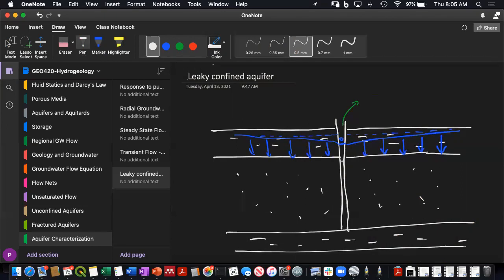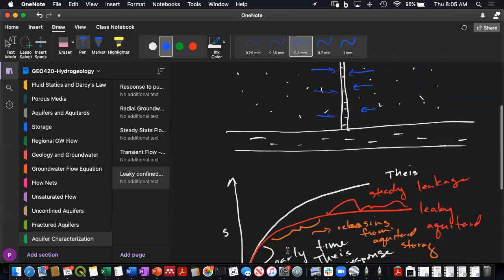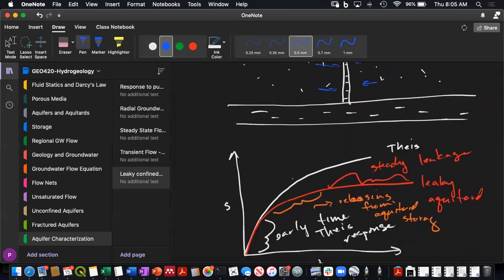This well would be screened over the thickness of the aquifer, and we draw the water level down in the well and induce radial flow in the aquifer to our well. If we have a perfectly confined aquifer with no recharge and no leakage, we get this Theis response, illustrated here in this white curve.